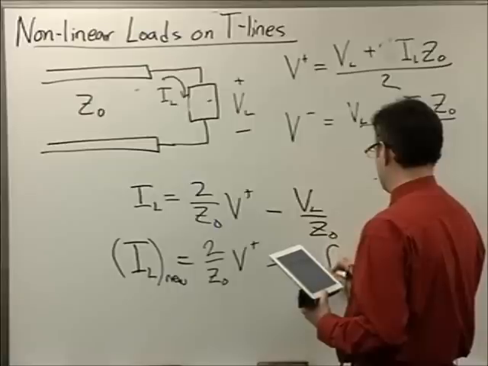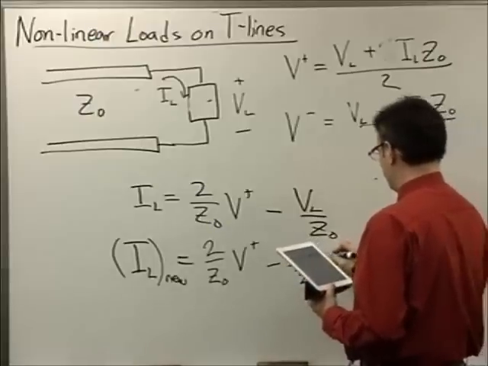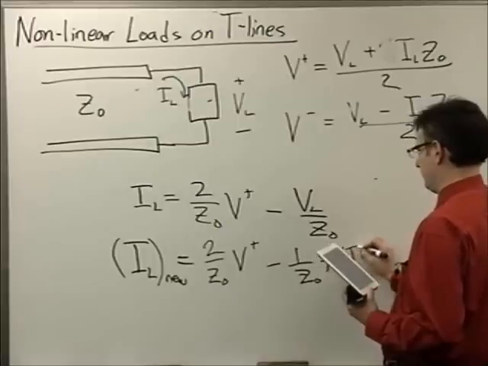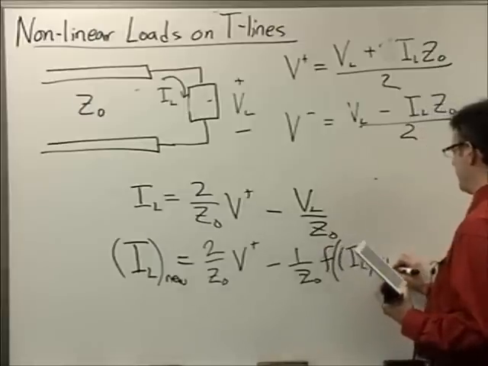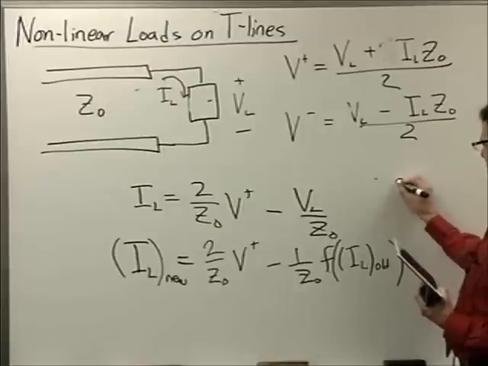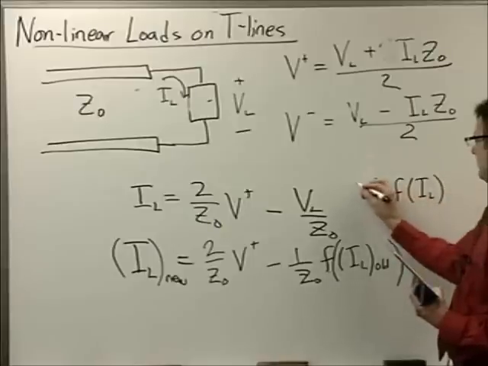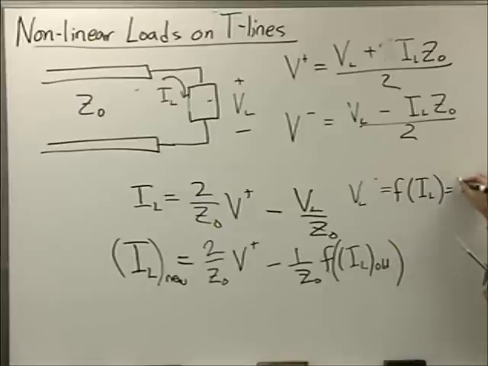And this voltage I can see as a function of IL, and I'm going to call that IL old. So for the case of a resistor, my function F of IL, if that's equal to my load voltage, then I really just have a constant RL times IL. This function is just a constant times whatever my argument is.